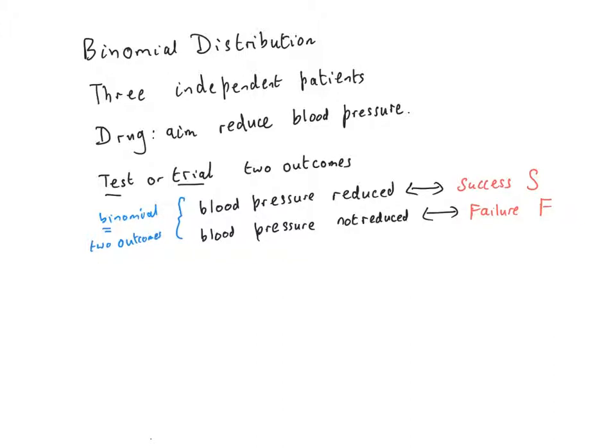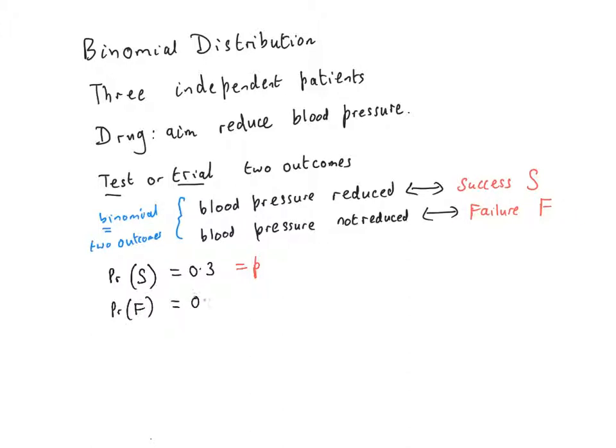Now, we're going to further assume that it's known from medical data that the probability that we have a success, in other words, the probability that the drug reduces blood pressure, is 0.3, and we're going to use the general notation P for the probability of success. This means that the probability of failure is 0.7.